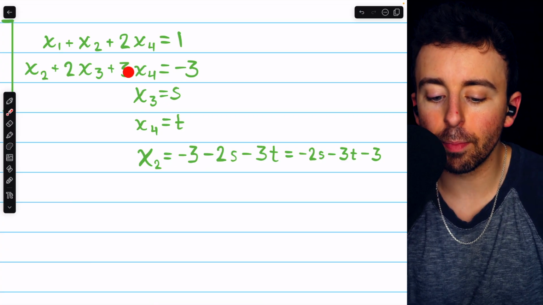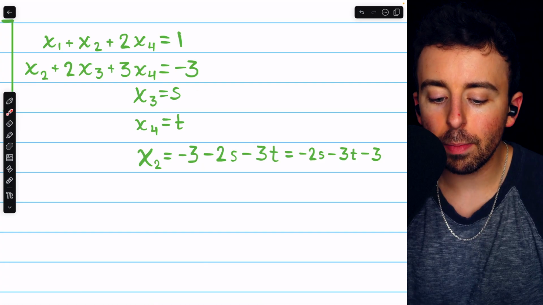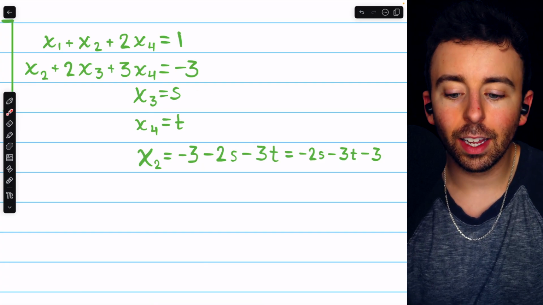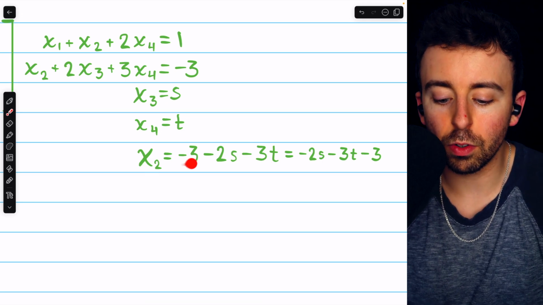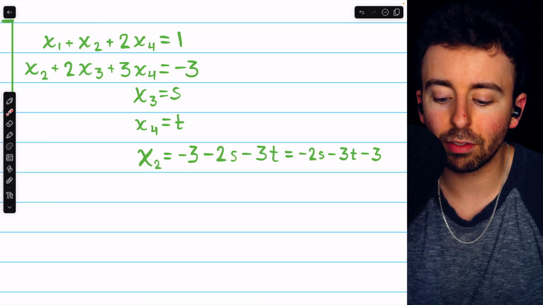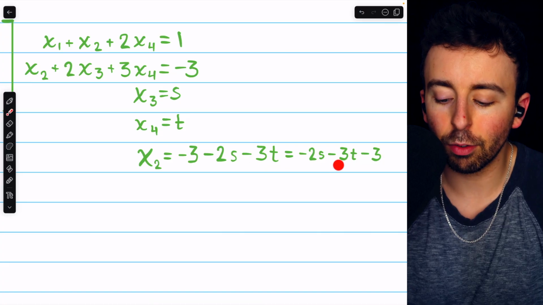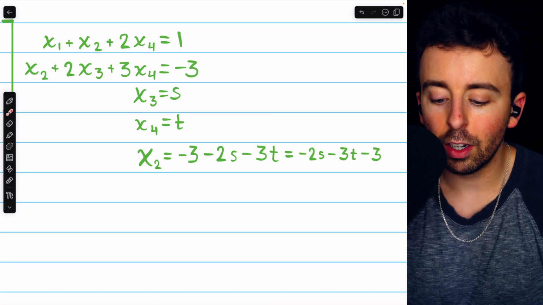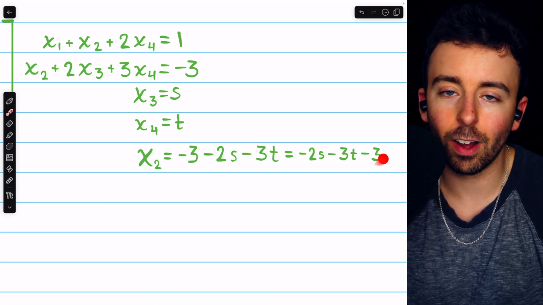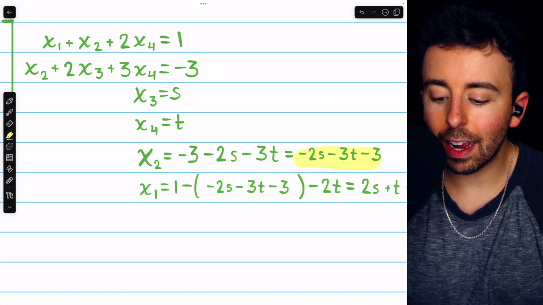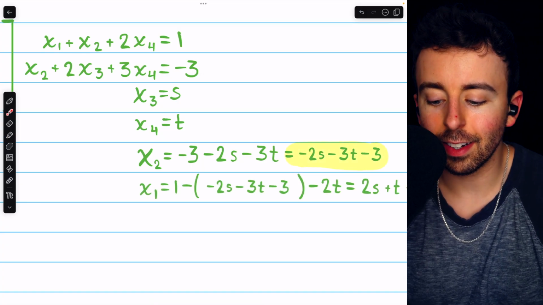Then also we'd have minus 3x4, but x4 is t, so that's minus 3t. So x2 is equal to this, which we could rewrite as minus 2s minus 3t minus 3, just to write this in alphabetical order, s then t, and then constants at the end. So that's x2 in terms of s and t.